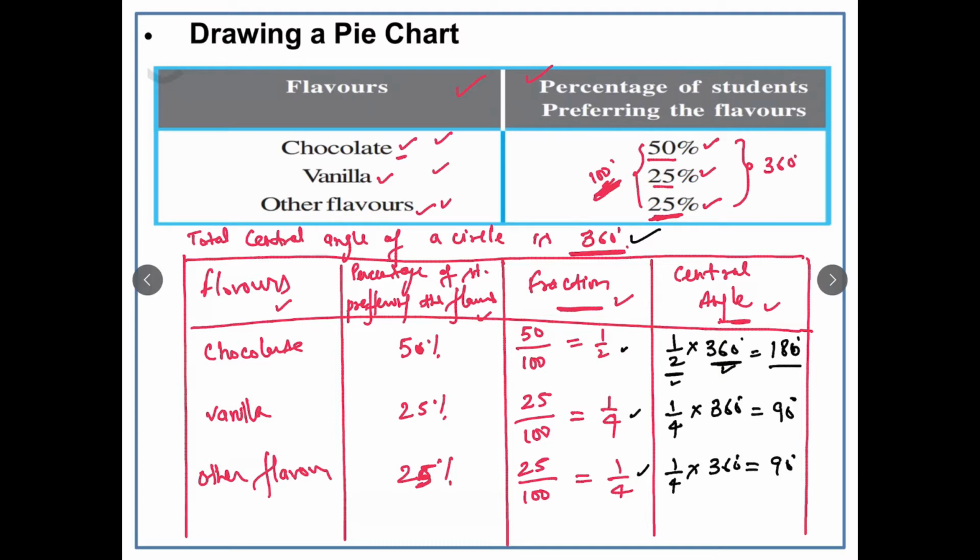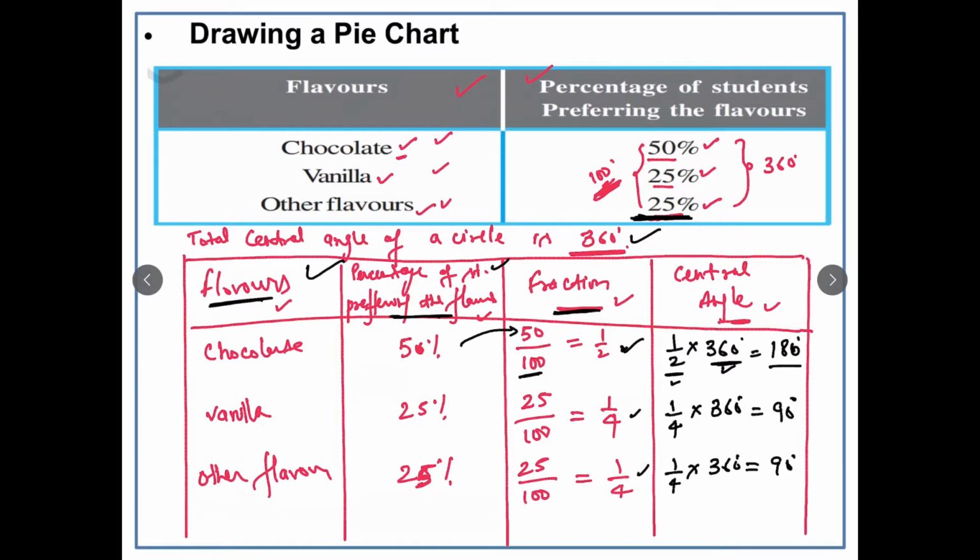Now you can see that these first two columns are the given information, flavors and the percentage of students preferring each flavor. Third one will always be the fraction. In the fraction you take this data on the upper side and divide it by the total of this data, that is 50 plus 25 plus 25 is 100. So we divide by 100 and get a certain fraction.